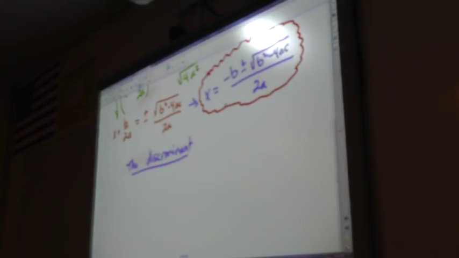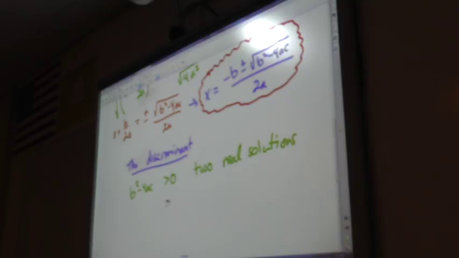The discriminant is this part under the radical. This tells you what kind of answers you're going to have. If b squared minus 4ac is positive, you're going to have plus or minus a positive number, so you're going to have two real solutions. If it's equal to 0, you're going to have plus 0 and minus 0.